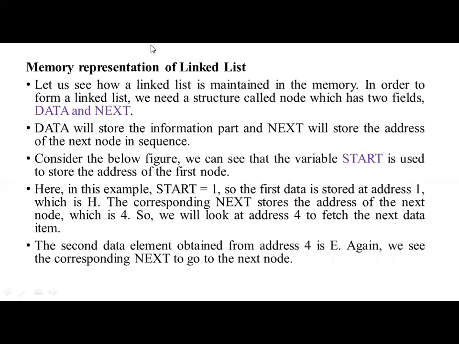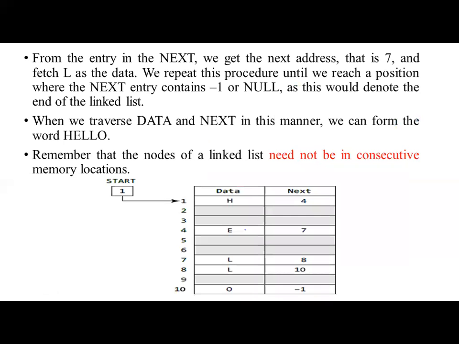How is the linked list represented in memory? This is our next topic. See, this is an example. In this example, I have stored the word hello using the linked list data structure.